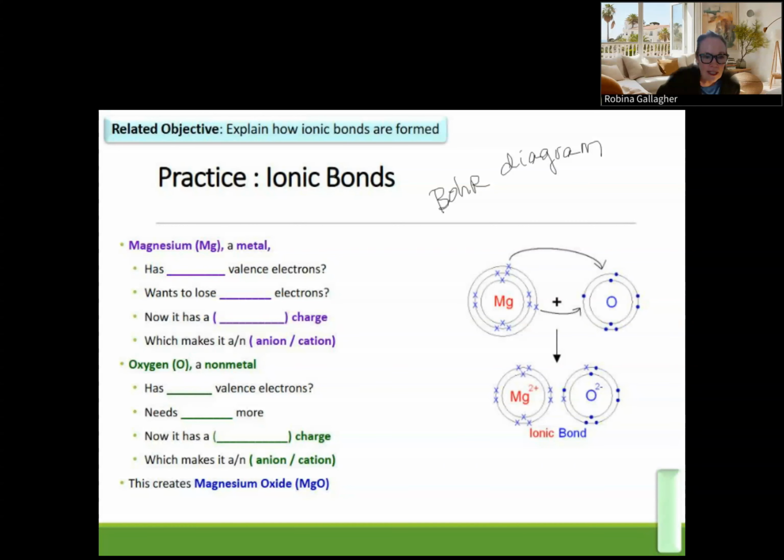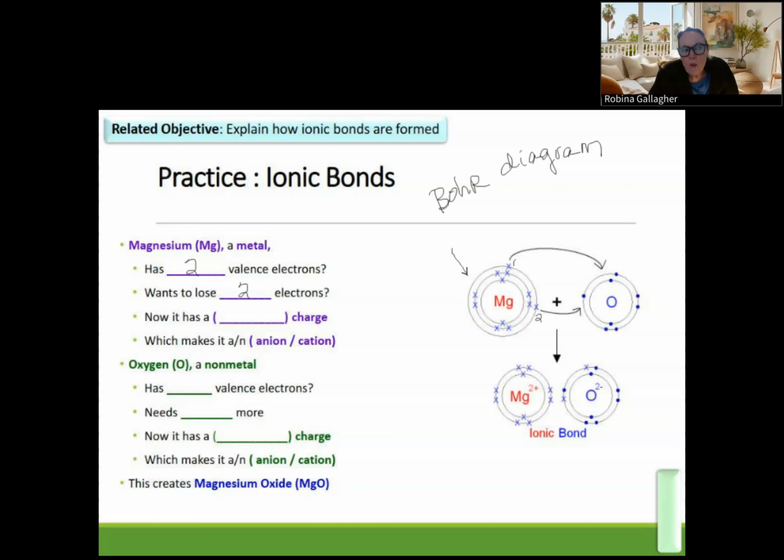So if I look at magnesium, which is a metal, there are 1, 2 valence electrons, and it wants to lose both of those valence electrons.